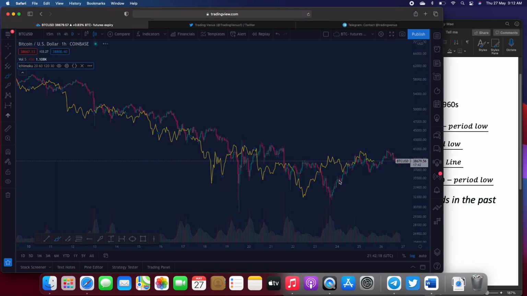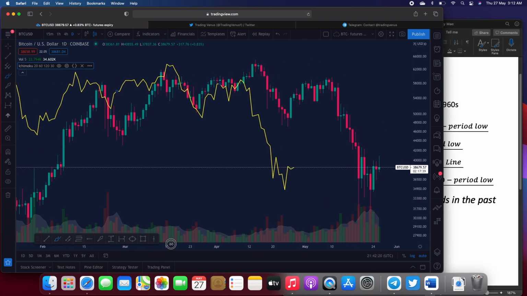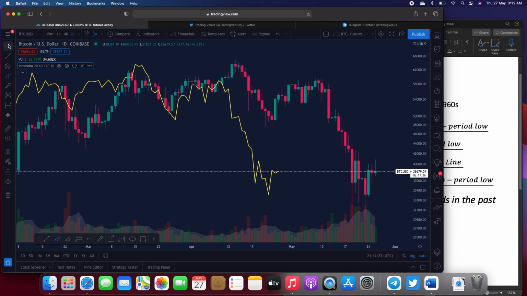So if we go on to the daily time frame of the Bitcoin chart and plot this lagging span, for example for this point, we will take the close 26 days ahead. The close of the 26th day ahead was at this point where we have the line, and accordingly we plot this lagging span. So this happens in the history, not in the future.